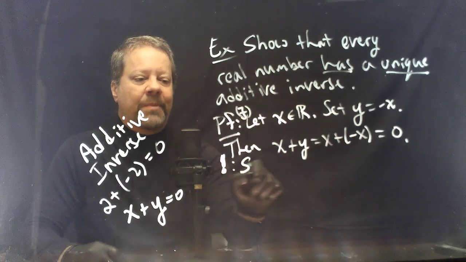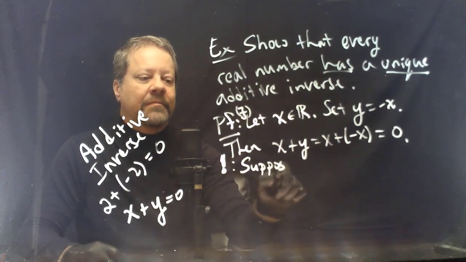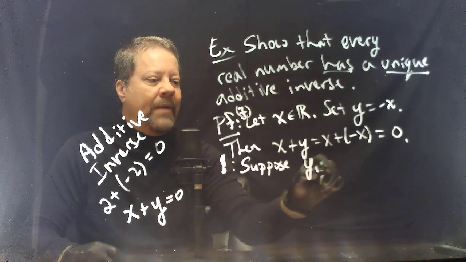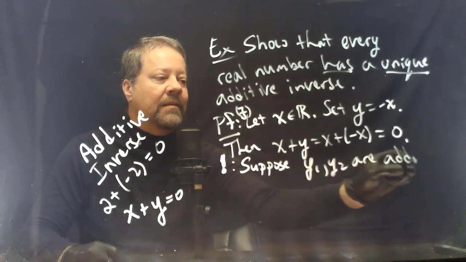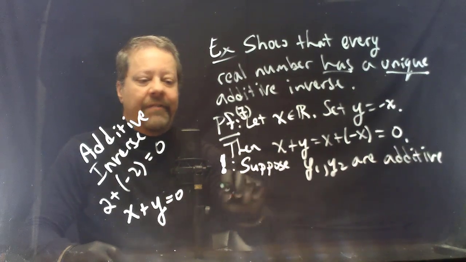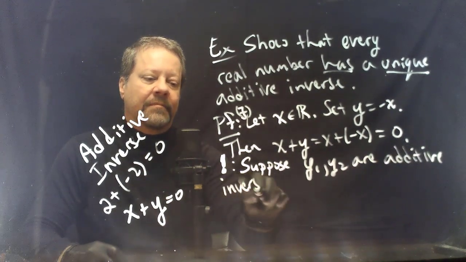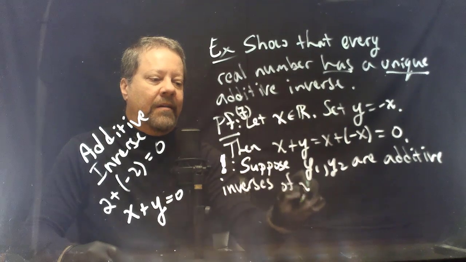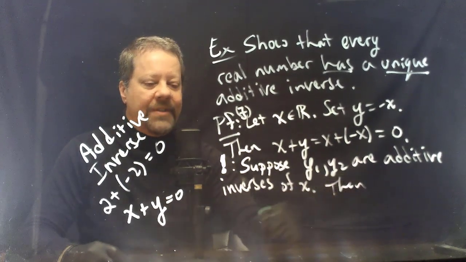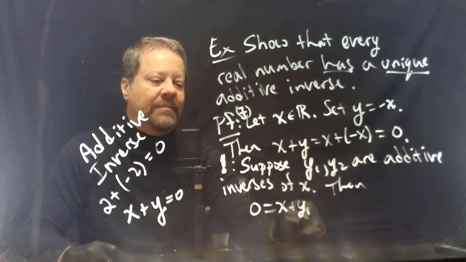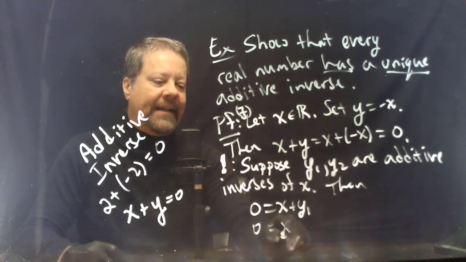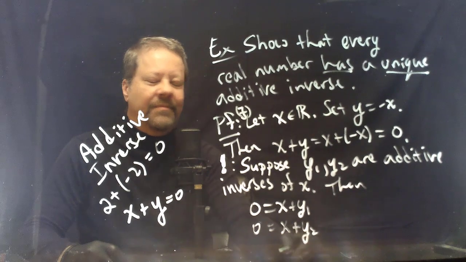So here we'll suppose y1 and y2 are additive inverses of x. What does that mean? That means 0 equals x plus y1 and 0 equals x plus y2.